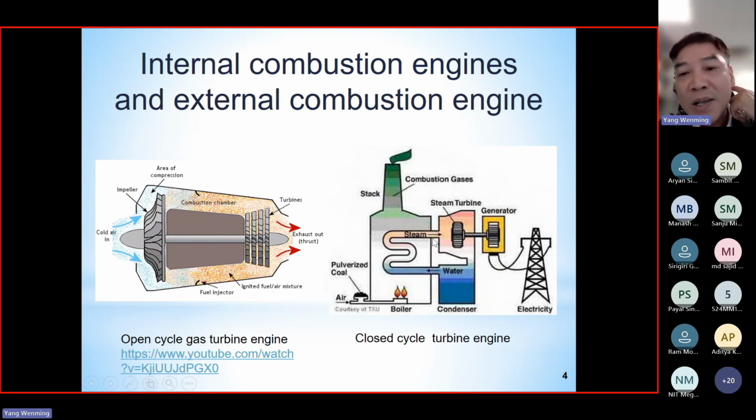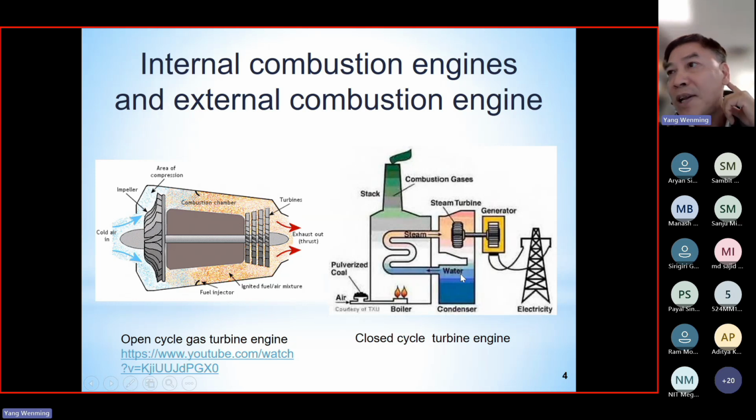So in this design, as you can see, the water will flow through the heat exchangers, become steam, then flow through the steam turbine. The pressure and temperature drop, then it will be condensed to form water, right? So in this design, the working media is water or steam, and this steam is recycled in this system.